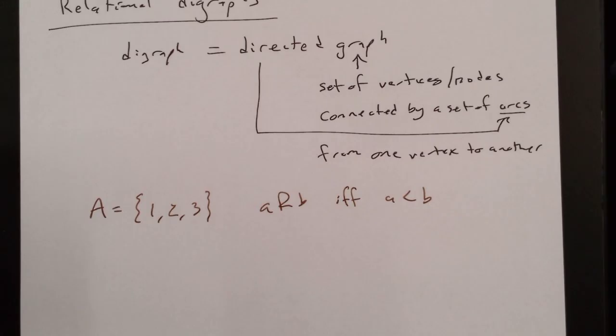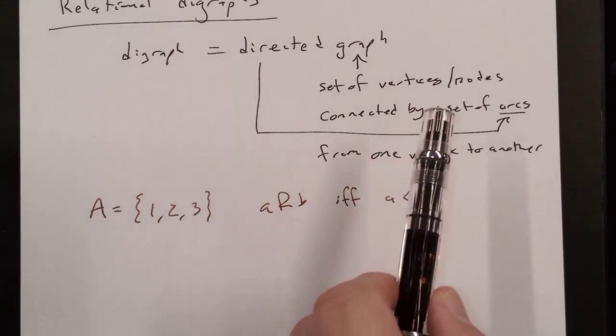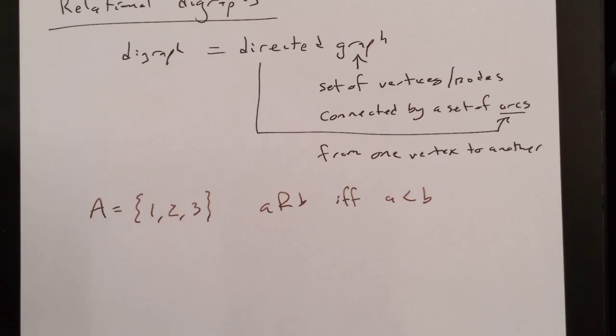And I'm going to define A is related to B if A is less than B. The nodes in this graph are the elements of our set. You can put them anywhere you want. I've just created dots with the numbers on them. You could have the dots with the numbers to the side. You just have some indicator of which thing is which.